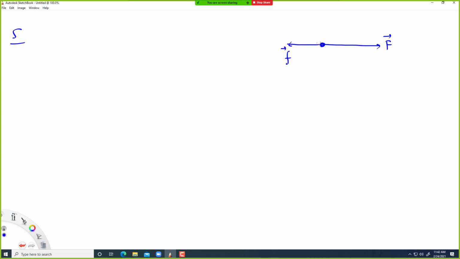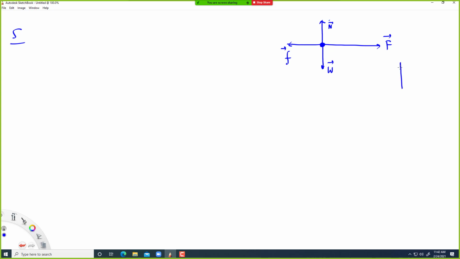Since it's on a surface, it has normal force, and also there's weight. And weight and normal force should be equal because the box is not moving up or down, it's not accelerating up or down. So these forces need to be equal. Okay, those are the 4 forces we have.